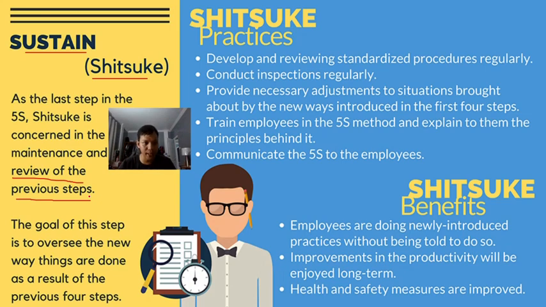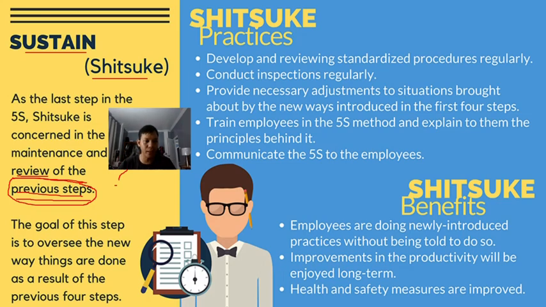We have the guide. But to sustain is the highest among the 5S because it will review the previous steps. The question is why we need to review the previous steps. There's a possibility that we can enhance the previous standard and put another standard which is more relevant.